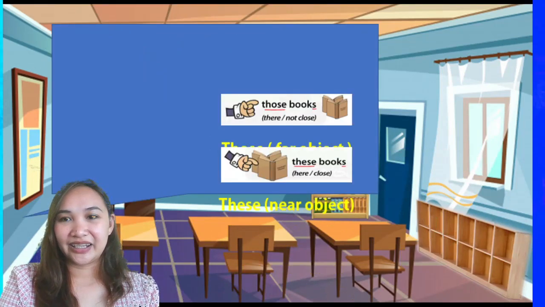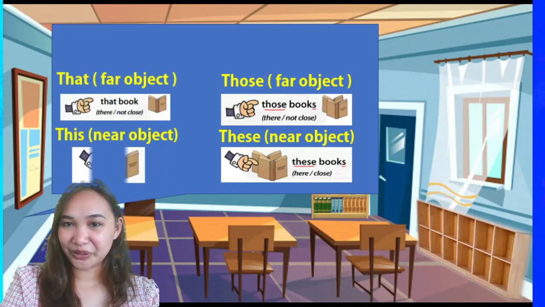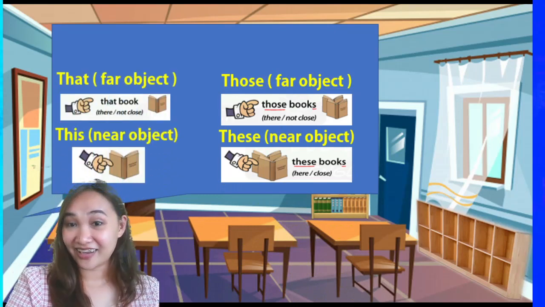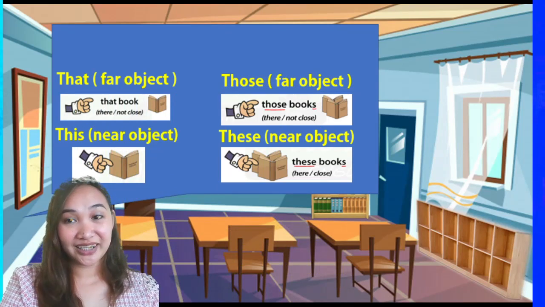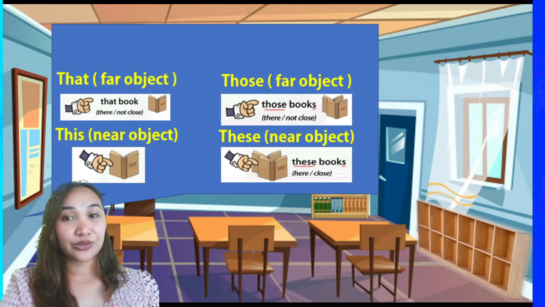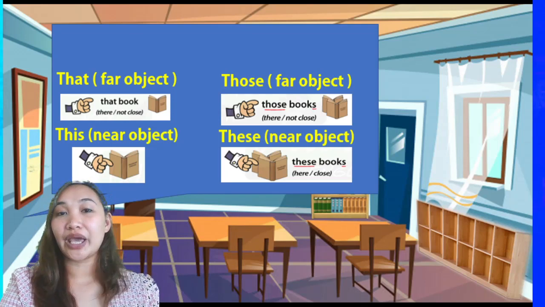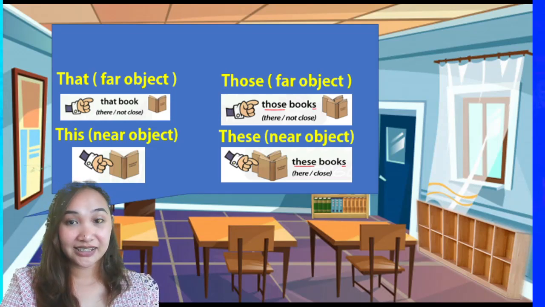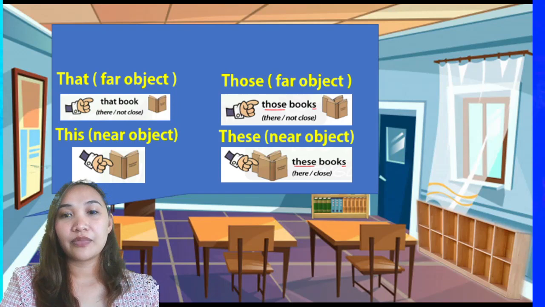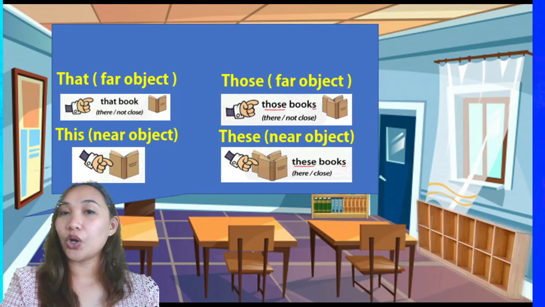Okay, all right, so remember that if we are talking about one object that is far from us, that, if two or more objects, those. This, if we are talking about one object that is close to us, and these, if the objects are two or more.